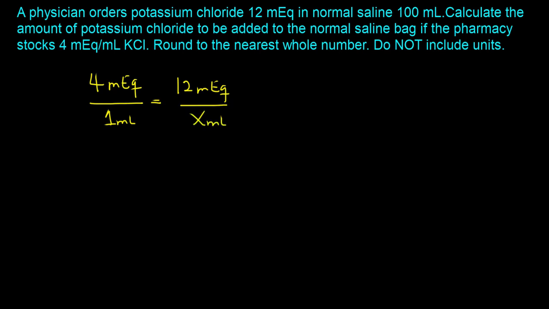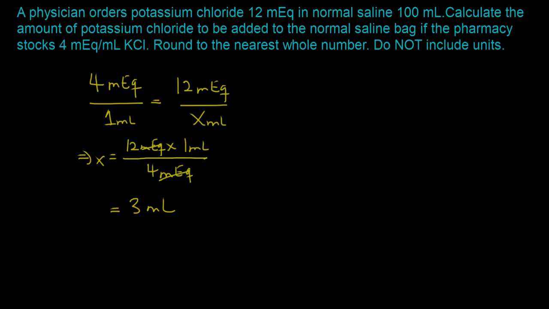And so we go ahead and solve for x, which is our unknown. So x equals 12 milliequivalent times 1 milliliter divided by 4 milliequivalents. The milliequivalents cancel out, and so the answer is 3 milliliters.